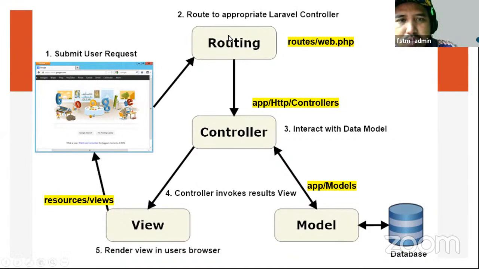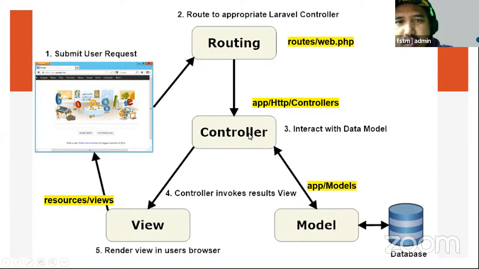When the user would like to access, let's say, the search facilities inside the system, the routing will send the user to the specific controller, which in Laravel uses the index function in the controller class, in order for the system to fetch the records.